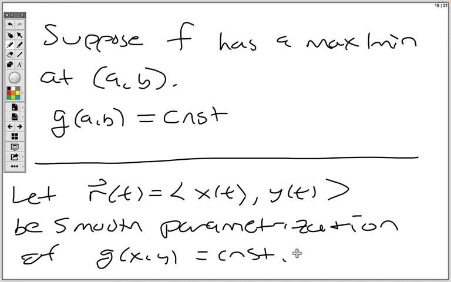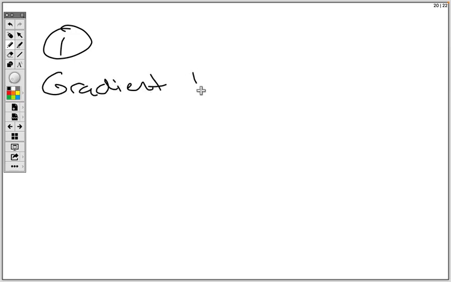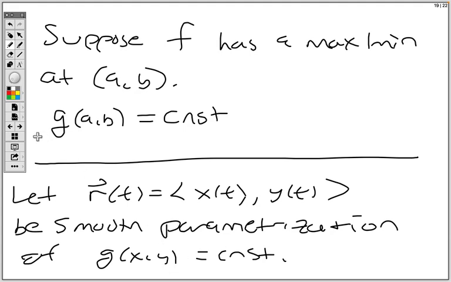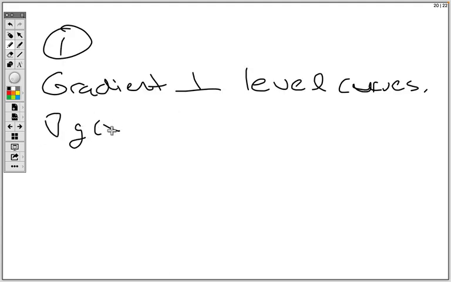All right, so we're going to use two facts that we already talked about last week when we talked about properties of the gradient. Property one is that the gradient of a function is orthogonal to all the level curves. So what does that mean? That means that the gradient of g is always orthogonal to the level curves of g.